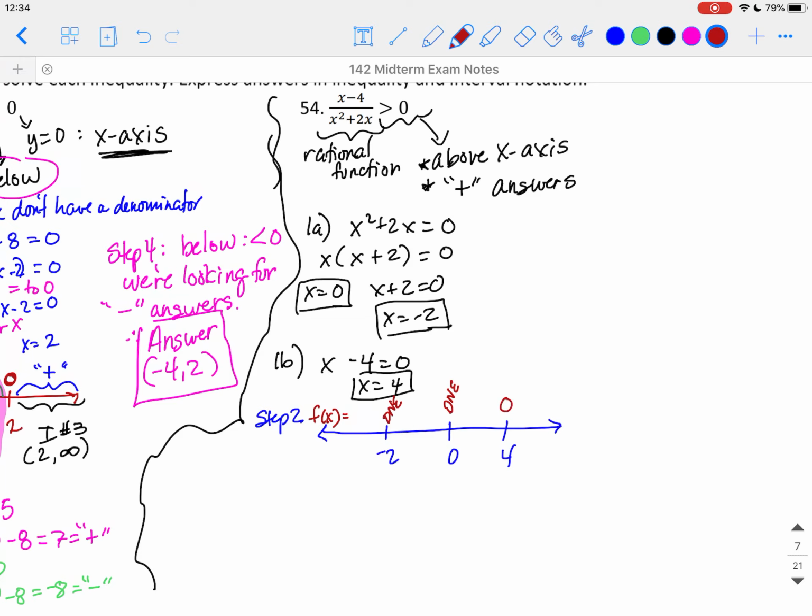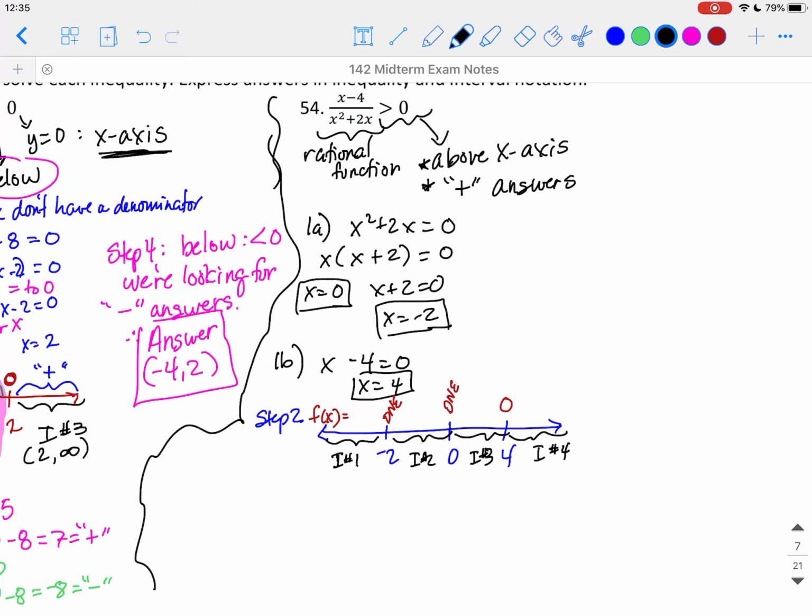Okay, so we cut our piece of the number line into 4 intervals. So we have interval number 1, interval number 2, interval number 3, and interval number 4.